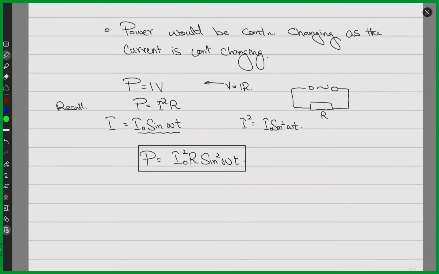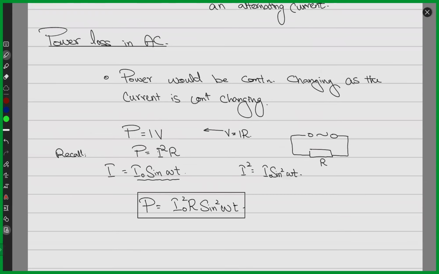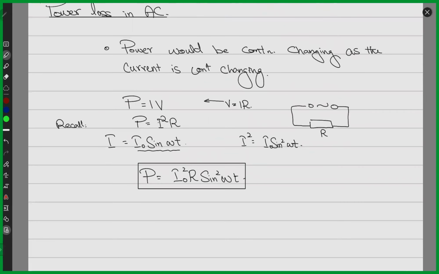So this is what we wrote down for power loss. We know that the power loss is also going to be a sinusoidal kind of function. It would be changing because the current is itself continuously changing, and the power is related to the current and voltage by I times V, right?